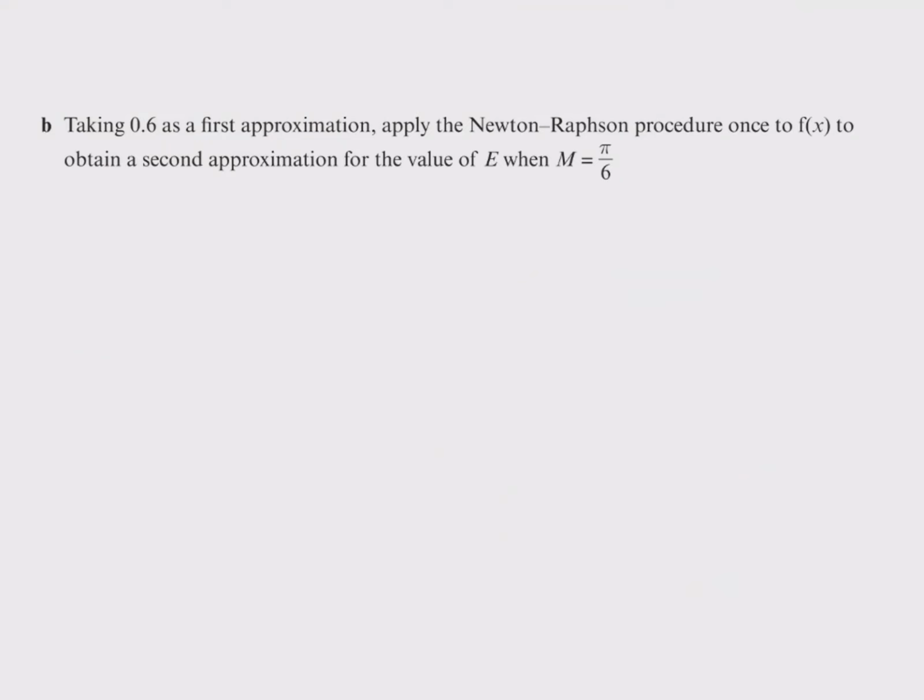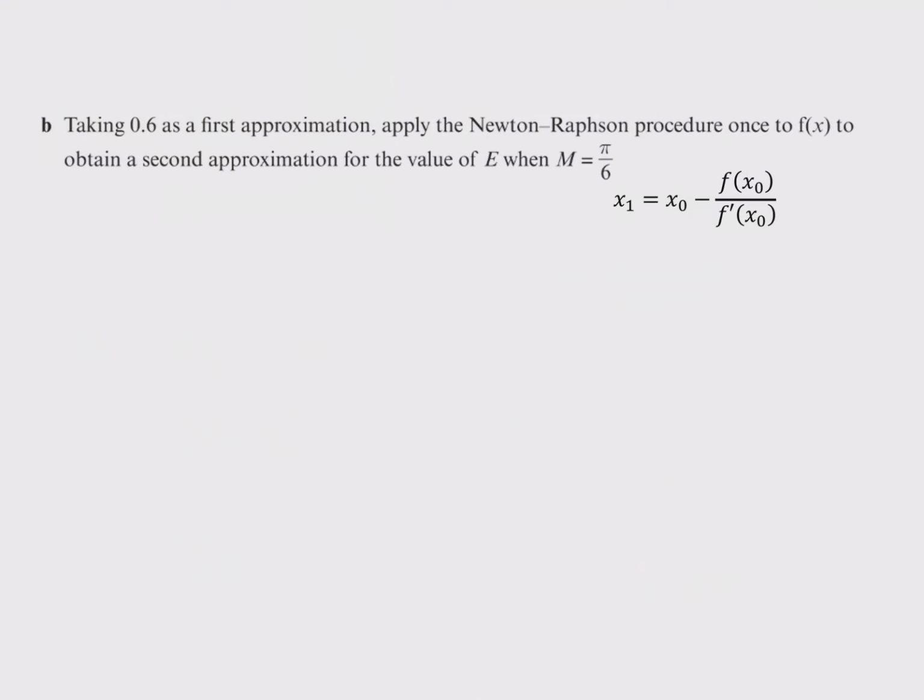Okay, so taking 0.6 as a first approximation, apply the Newton-Raphson procedure once to f of x to obtain a second approximation for the value of E. So initially E or x is 0.6. So Newton-Raphson, you should know the Newton-Raphson formula.